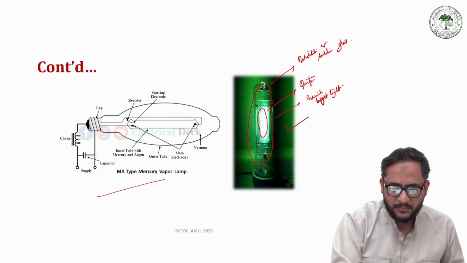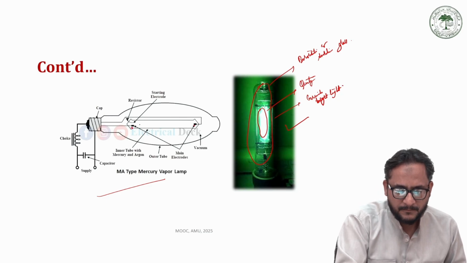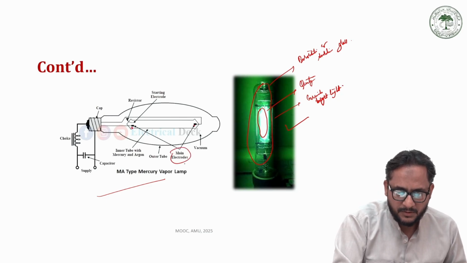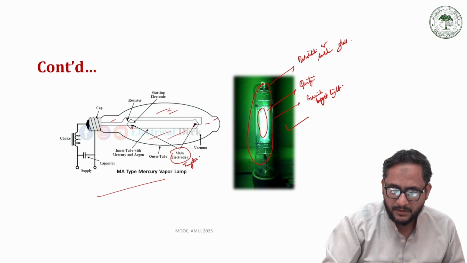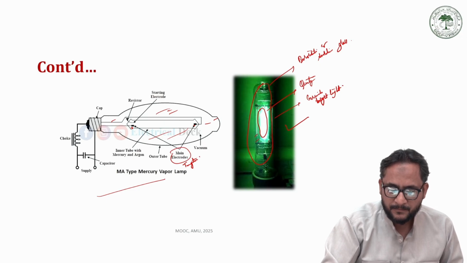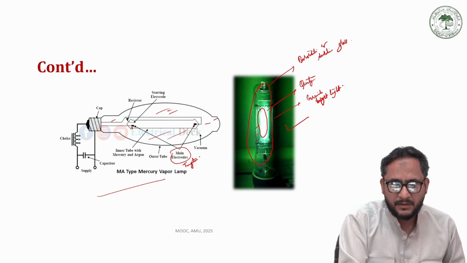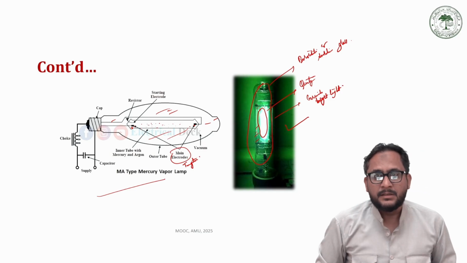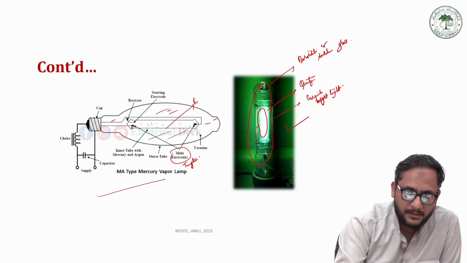Two electrodes are placed in the inner tube made of quartz. These are the main electrodes, made of tungsten. In the outer tube we create a vacuum. When an electric arc is created, the mercury atoms that are present here undergo vaporization and start emitting light.